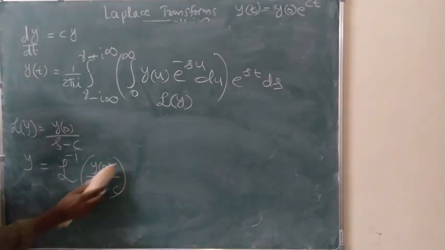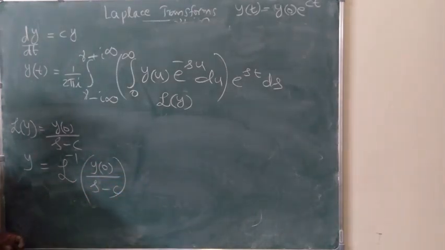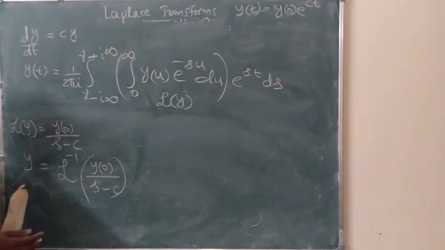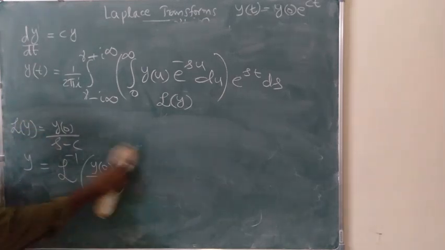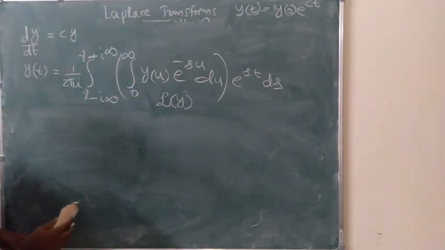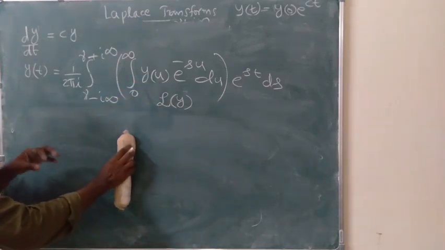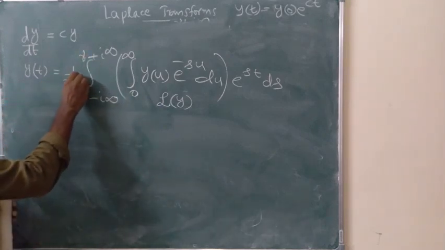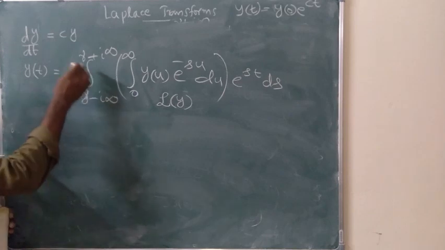So this is how we use the Laplace transform and its inverse Laplace transform for solving a differential equation. The Laplace transform of a function is defined as this integral, and its inverse Laplace transform is defined by the complex integral that appears in the outer.